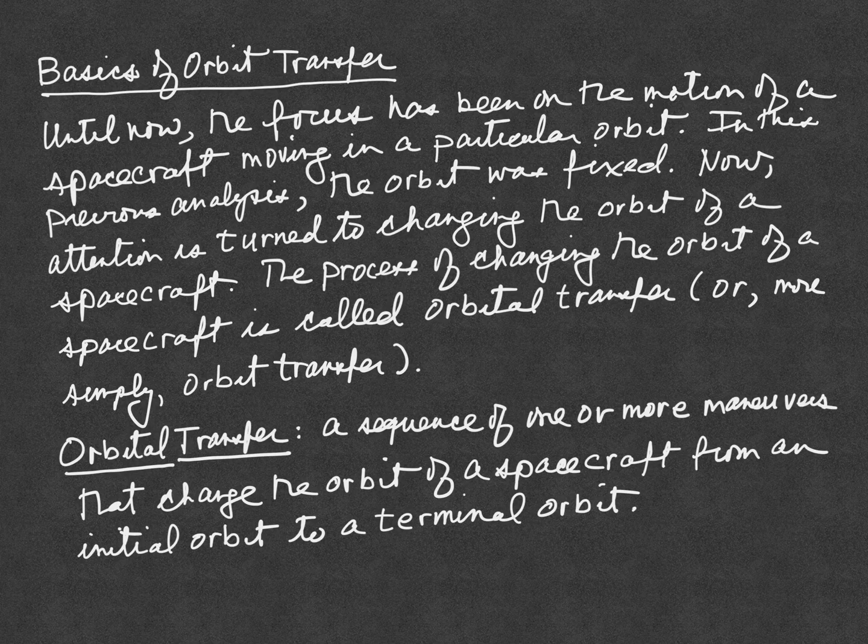Now, in this first part of the study of orbital transfer, we will be dealing with transfers between orbits about the same body, in which case the maneuvers will be propulsive. So we will be dealing with propulsive orbital transfer.